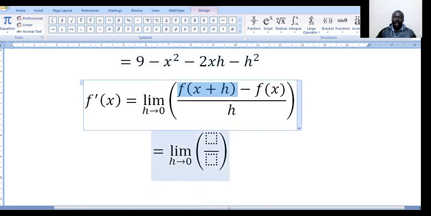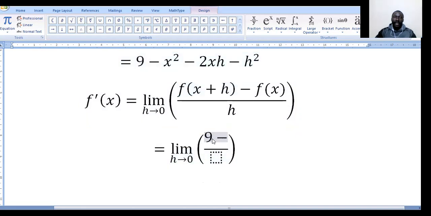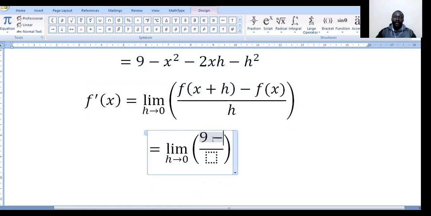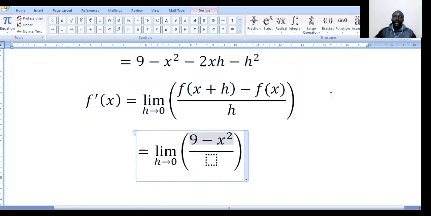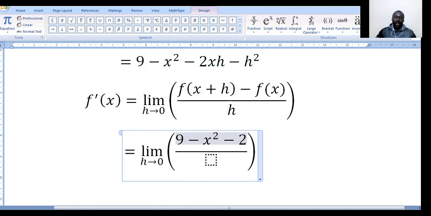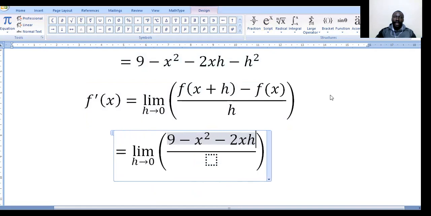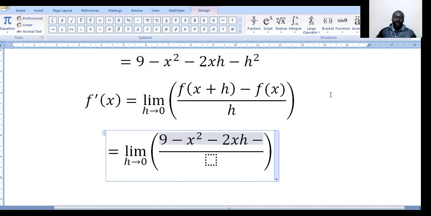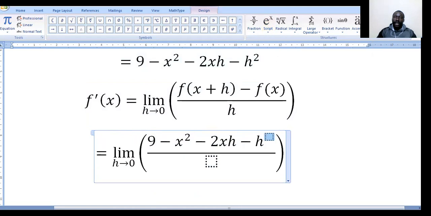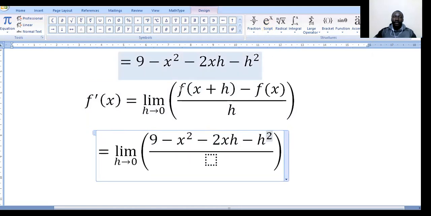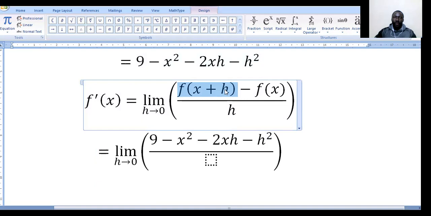And that is going to be 9 minus x squared minus 2xh, then minus h squared. That's what we have for f of x plus h.